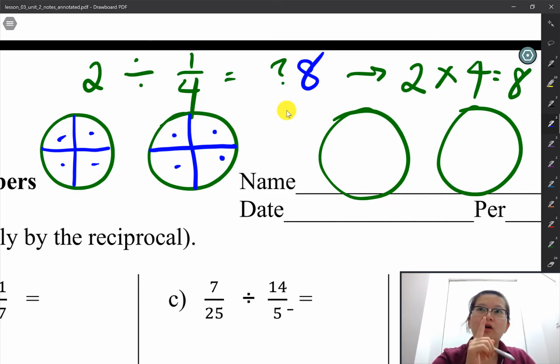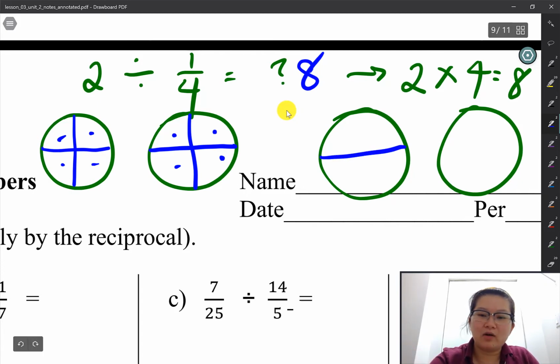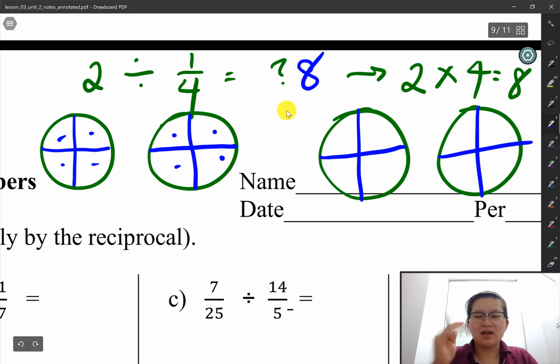I want 4 times the amount of pieces that I could have. So it's kind of like saying I have 2 pizzas and I need to be able to have many pieces to give to other people or something like that. That's effectively dividing by quarters. So if I divide everything by quarters, I am going to get exactly 8 pieces. Okay, that's kind of the idea.